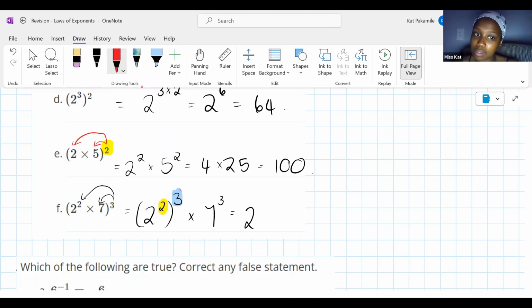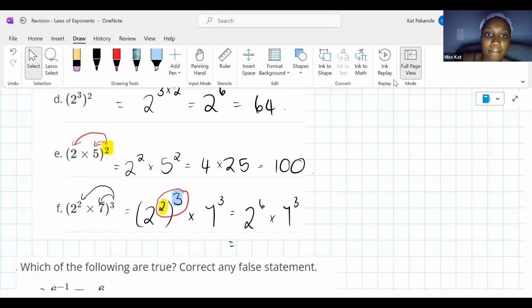Remember, we have to multiply these exponents. We have to multiply these. So it's 2 to the power of 2 times 3. How much is 2 times 3? 6. Then it's times 7 to the power of 3. So 2 to the power 6 is equal to 12.